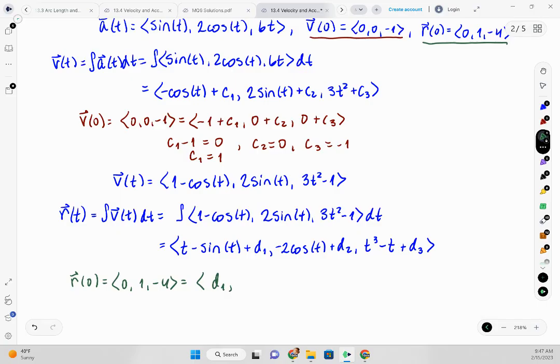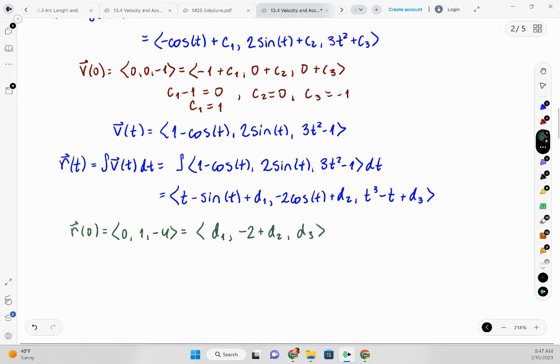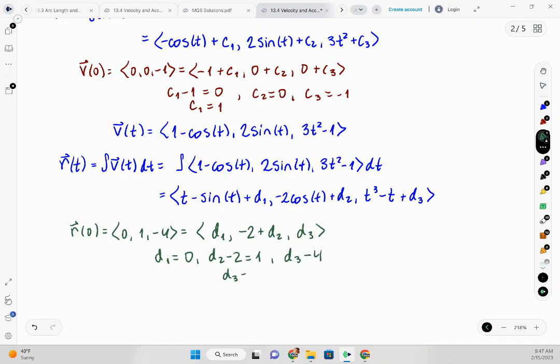In my second component, negative 2 times cosine of 0 is negative 2 plus d2. Third component, I have 0 cubed minus 0 plus d3. I put that all together and I get d1 is equal to 0. d2 minus 2 is equal to 1. And d3 is equal to minus 4. Sorry, d2 will be equal to 3 when I solve for it.